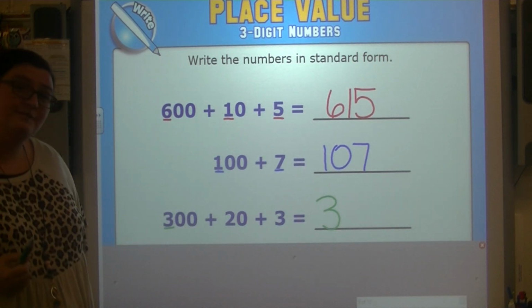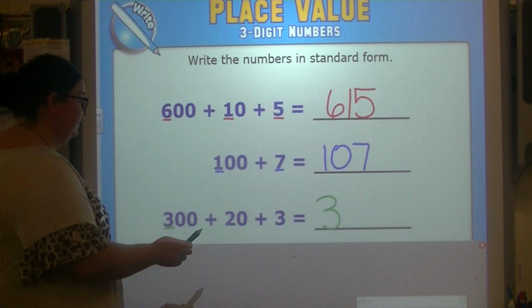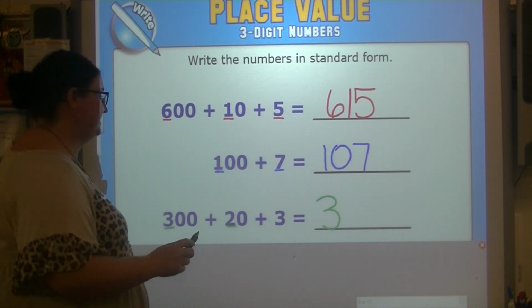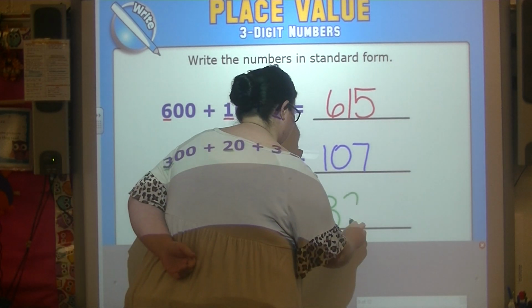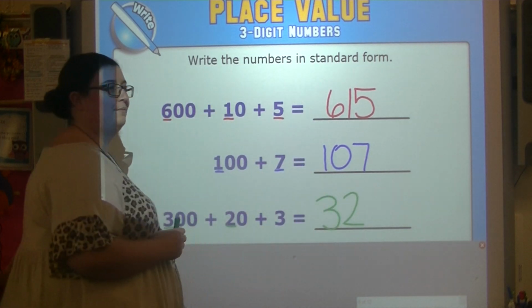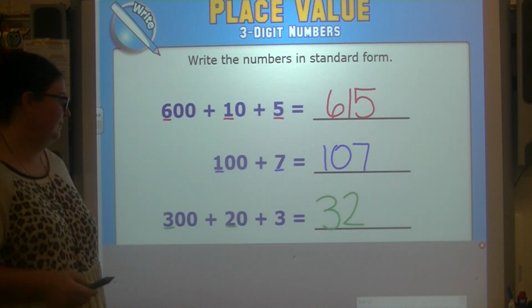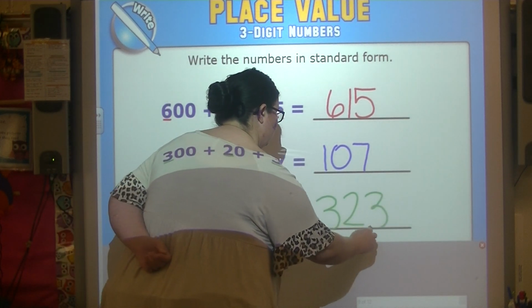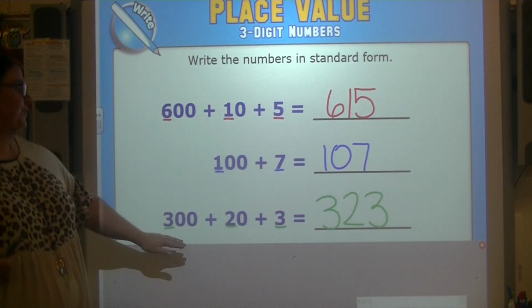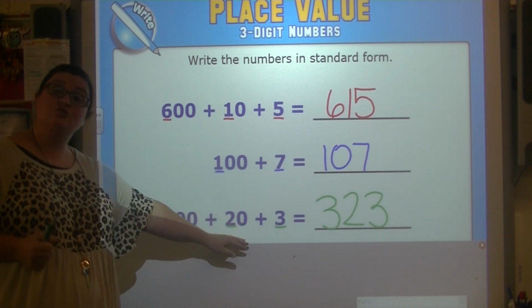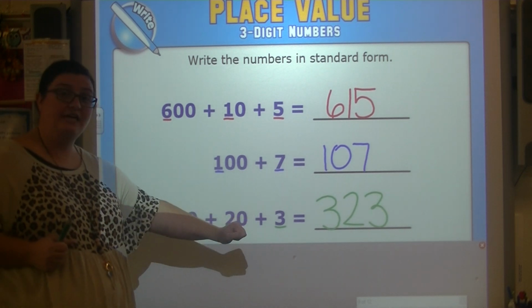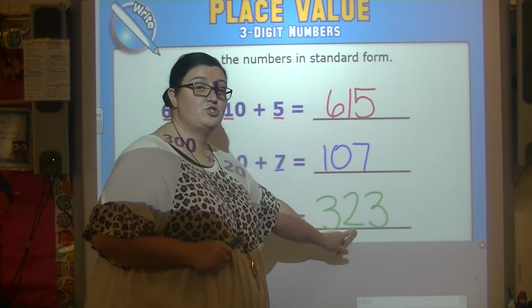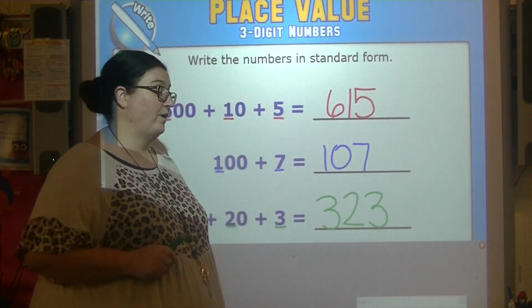Plus how many groups of 10? 2 groups of 10. Plus how many ones? So 300 plus 20 plus 3 equals 323.